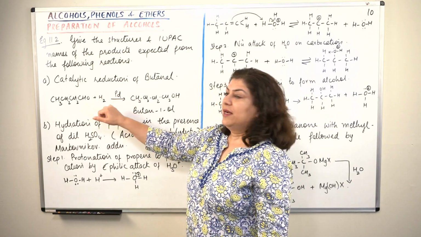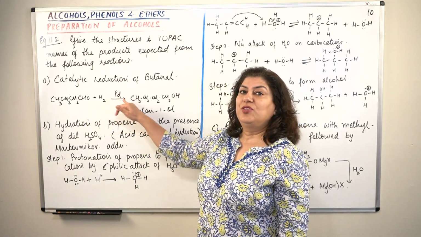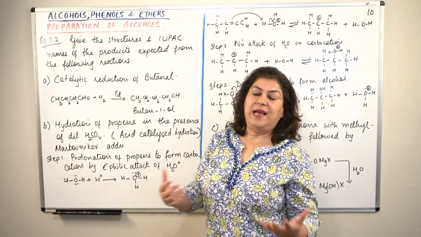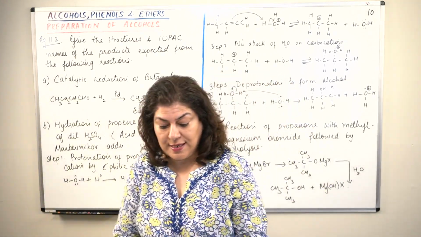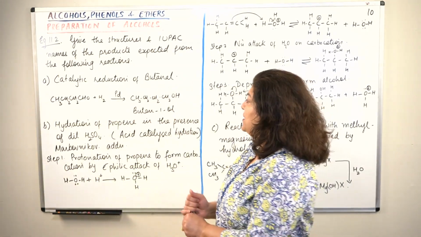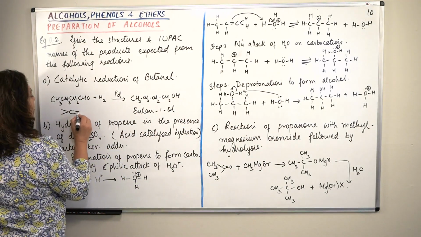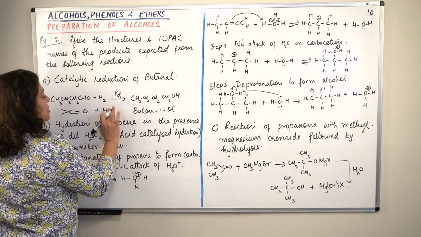You are carrying out the reduction. Reduction means addition of hydrogen, and in the presence of a catalyst, we are using palladium here. And what will happen? You will get an alcohol. The hydrogen will add to the carbonyl group, which is C double bond O. When hydrogen adds to it, H-H, this bond breaks.